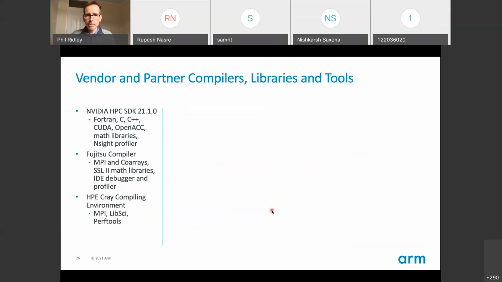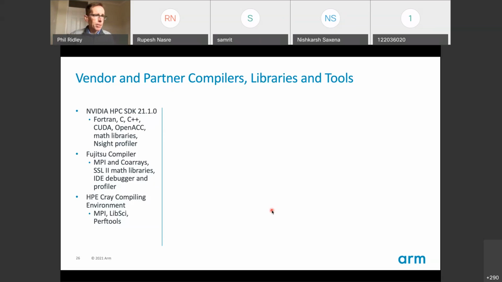And finally, in terms of vendor provided libraries and tools, NVIDIA have a comprehensive toolkit that includes their Nsight profiler. They've got debuggers. Similarly, Fujitsu have their own debugger and profiler.